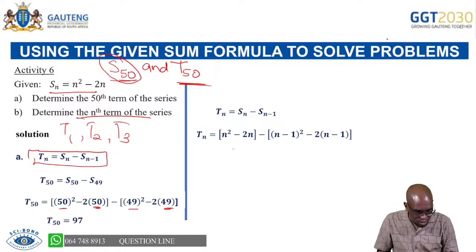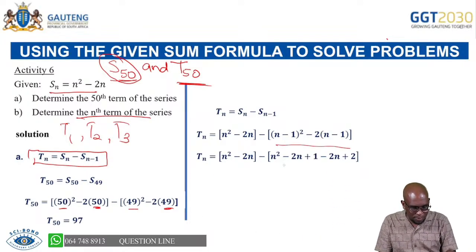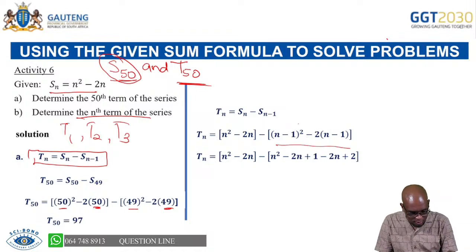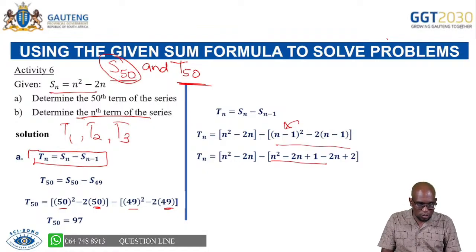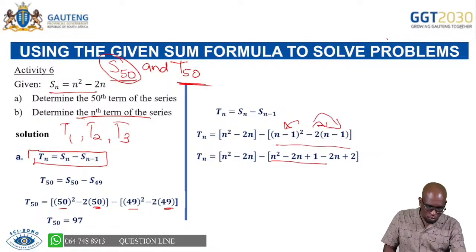Now, obviously, when we have that, we can simplify this particular bracket. By applying the distributive property, we get n squared minus 2n plus 1. If we distribute here, we get 2n plus 2 when we apply the distributive law there.